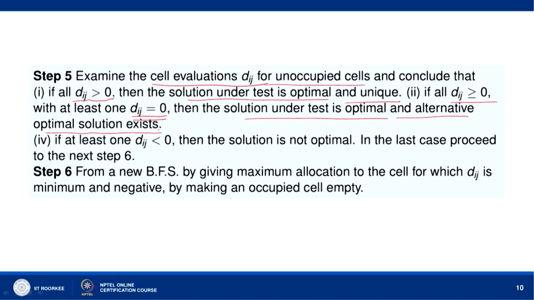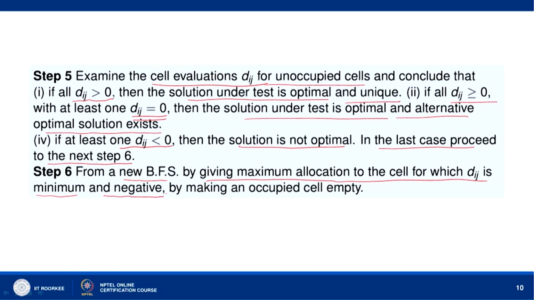Now, if at least one Dij is less than 0, then the solution is not optimal and we have to proceed to step 6. So, we form a new BFS by giving maximum allocation to the cell for which Dij is minimum and negative.